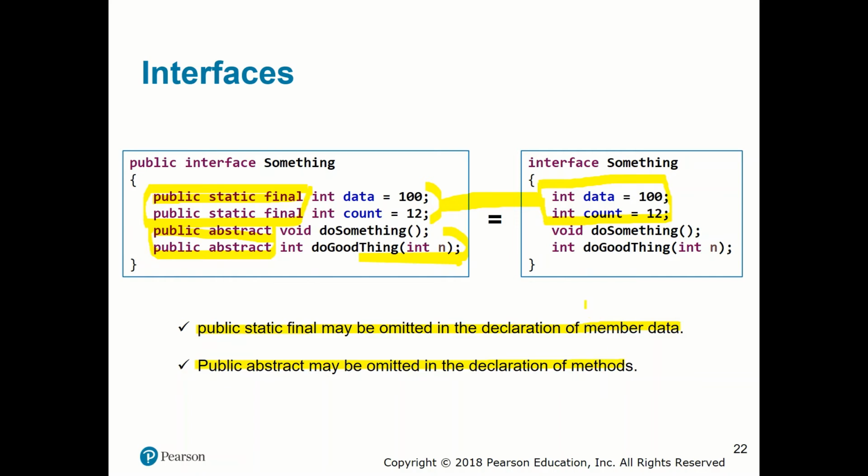So we can write just like this without public abstract. Even if there is no public abstract here, this method is a public abstract method. And even if there is no public static final here, this data is declared as public static final. So simply you can write like this.